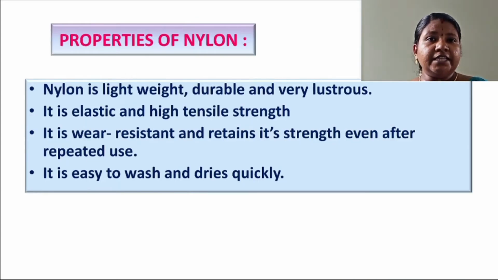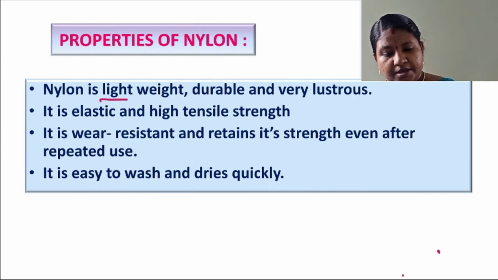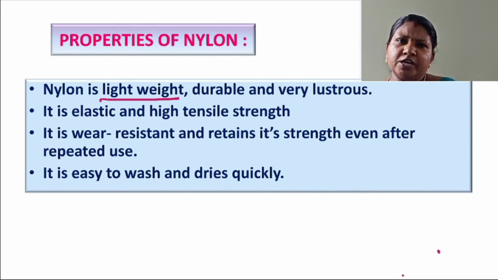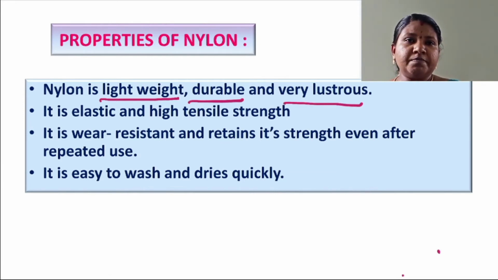Now, let us see the properties of nylon. What are the basic properties of nylon? Nylon is lightweight. It will not weigh heavy. It will be lightweight, durable and very lustrous. What do you mean by durable? We can use it for a long period of time. That is what is meant by durable. Very lustrous.